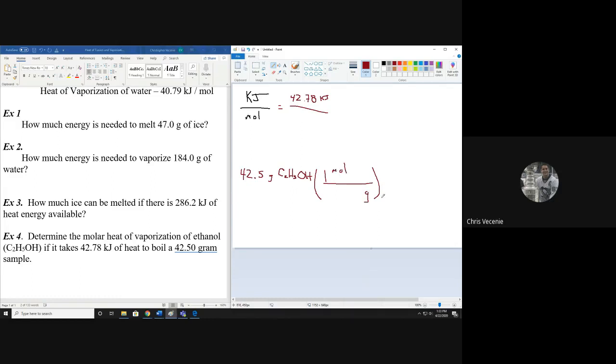All right, so I go to the periodic table. I'm taking 2 carbons, 2 times 12.01, plus 6 hydrogens, because there's that H at the end, 6 times 1.008, plus the oxygen, which is 16. So we get 46.07 grams there.